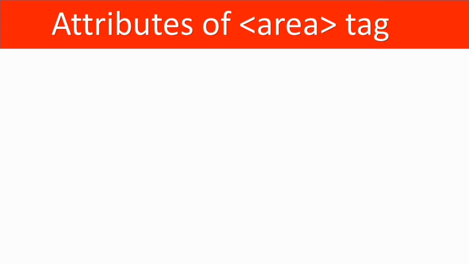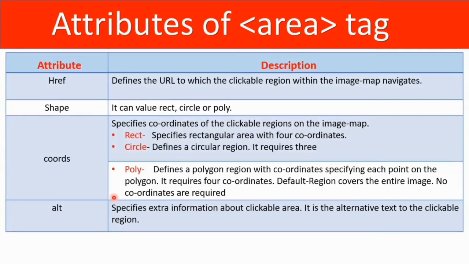Let's see the attributes of the area tag. The first attribute is href. As I told you, we already learned this attribute in the 11th standard with the anchor tag, and it defines the URL to which the clickable regions within the image map navigate. To give the link, we must use this href attribute. Then the shape attribute.